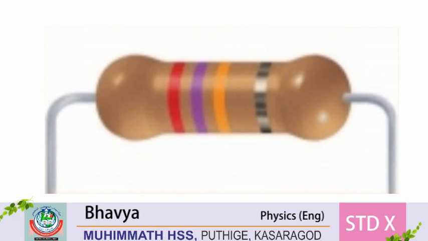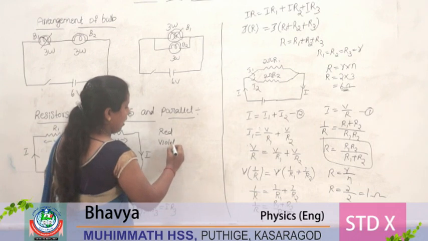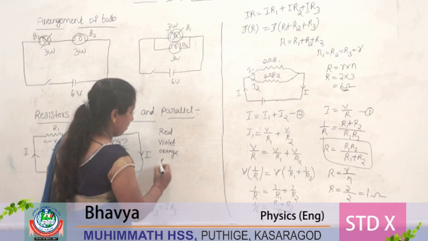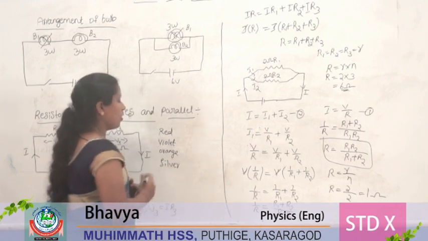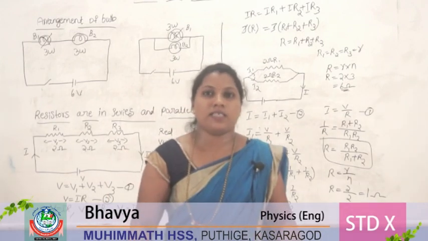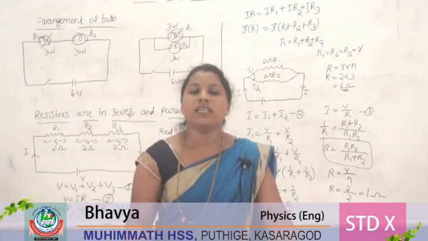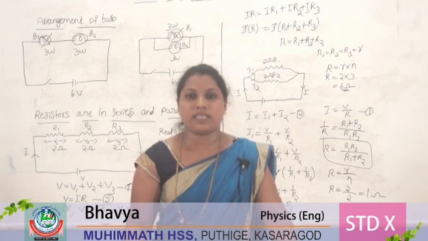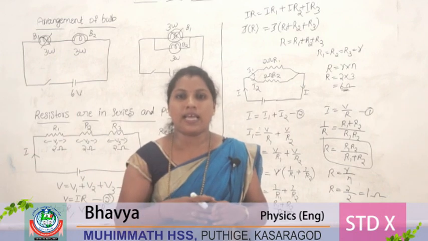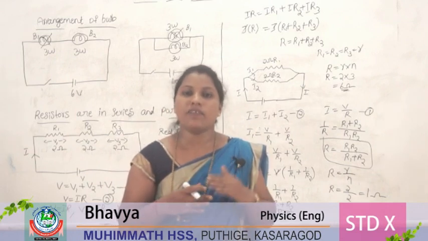In first, which color is there? Red. Second, violet. Third, orange. Fourth, silver. So the first two lines represent the numbers, the third line represents the number of zeros, and the fourth line represents the deviation.